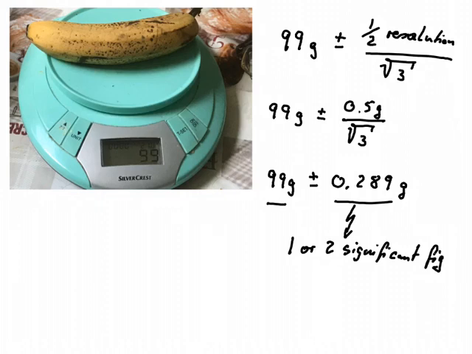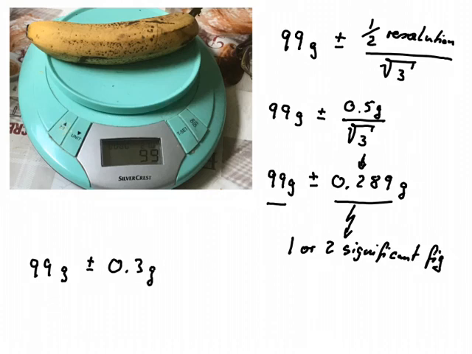So in this case, if we express it to only 1 significant figure, the first significant figure is this 2. So we would only express it to the 1/10th unit of a gram, and therefore we would write it as 99 gram plus minus, rounded up, 0.3 grams.